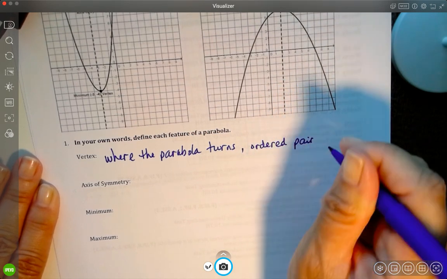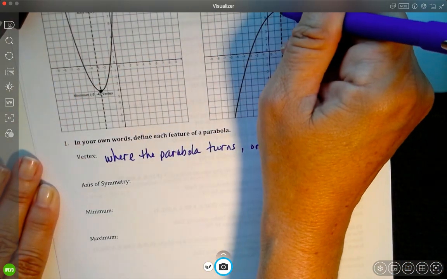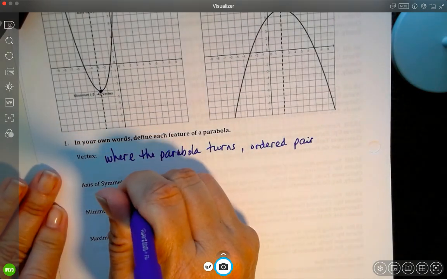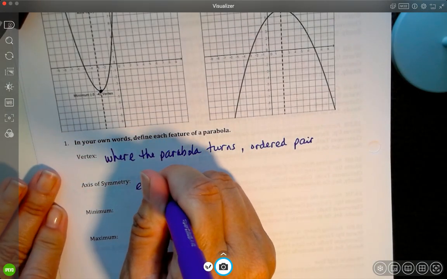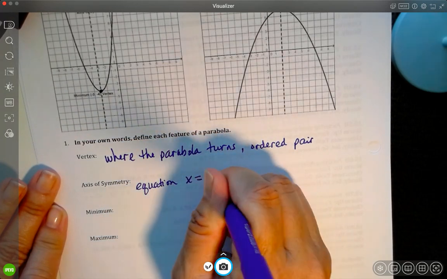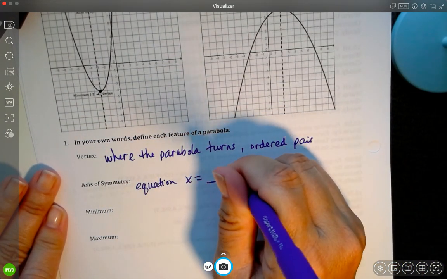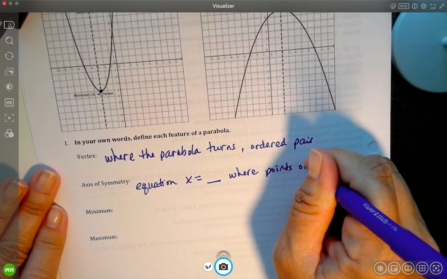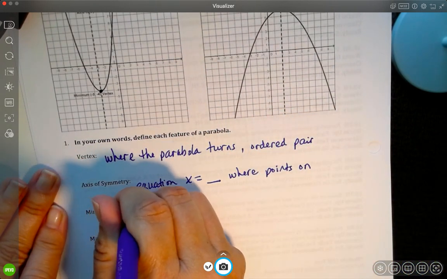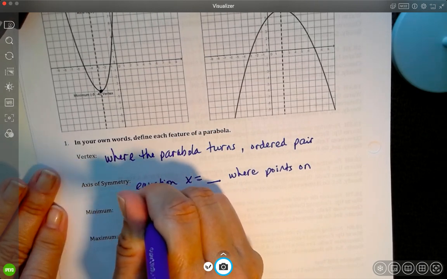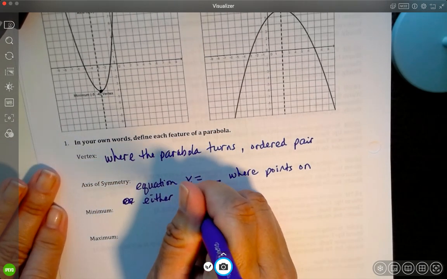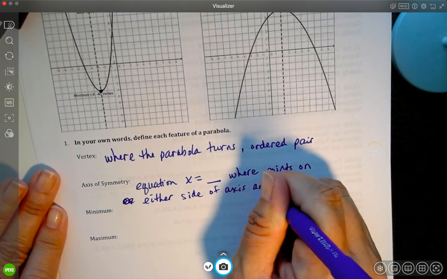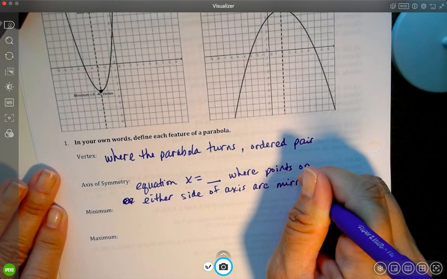So this is a vertex. This is a vertex where it turns. Axis of symmetry is actually an equation, x equals something, where points on either side of the axis are sort of mirror images of each other.